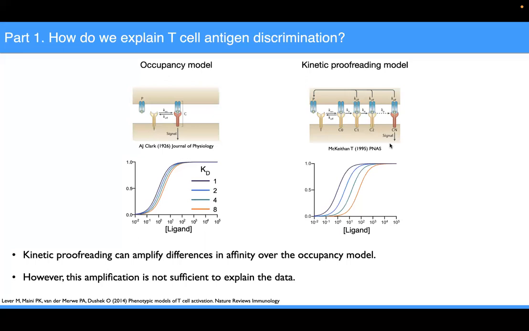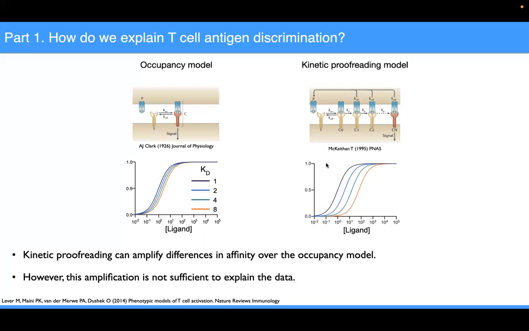And so when I was a grad student, actually, this problem was given to me because you could see that even with kinetic proofreading, we can't quantitatively explain that kind of perfect antigen discrimination that I showed you on the previous slide. And I'm being a little bit vague here, and I'll come back to this at the very end of the talk, but this model is basically insufficient to explain the data on the previous slide.